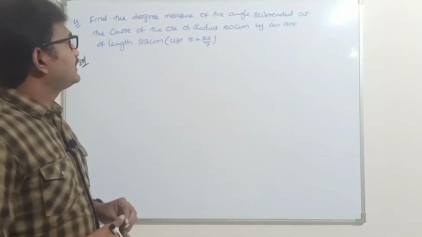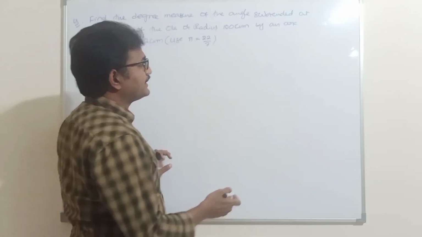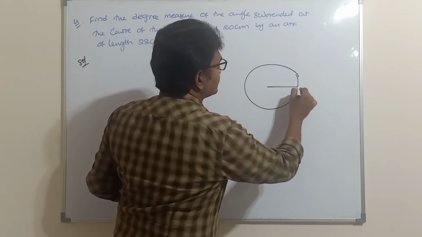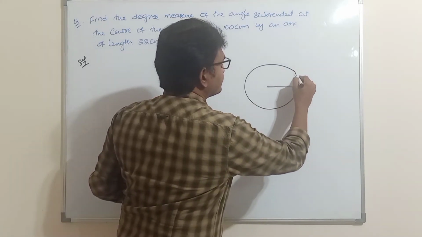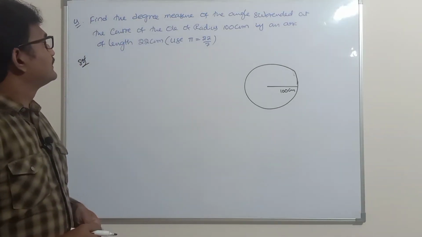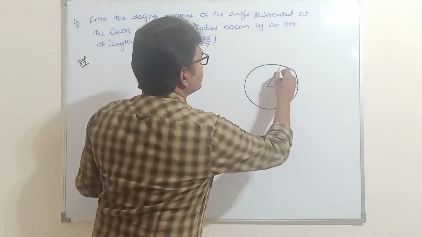Next, find the degree measure of the angle subtended at the center of a circle of radius 100 centimeters by an arc of length 22 centimeters. One circle is there. The circle radius is 100 centimeters. An arc is there.